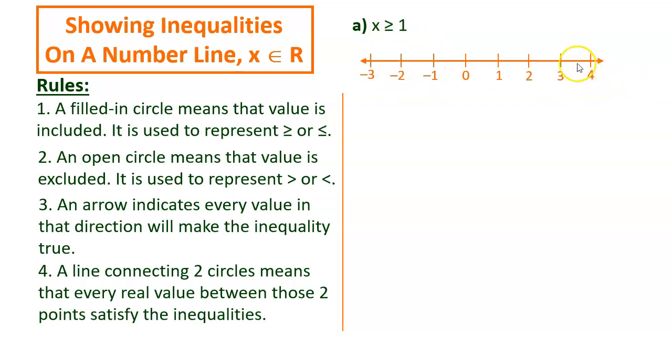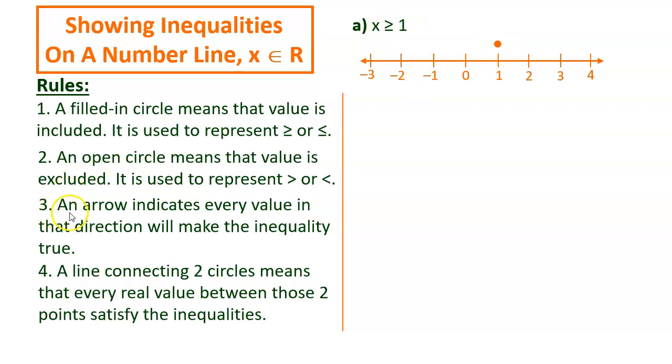This is the number line, and since we have this greater than or equal to sign, we will be using rule number 1, the filled-in circle, on top of the number 1 because x can be equal to 1.